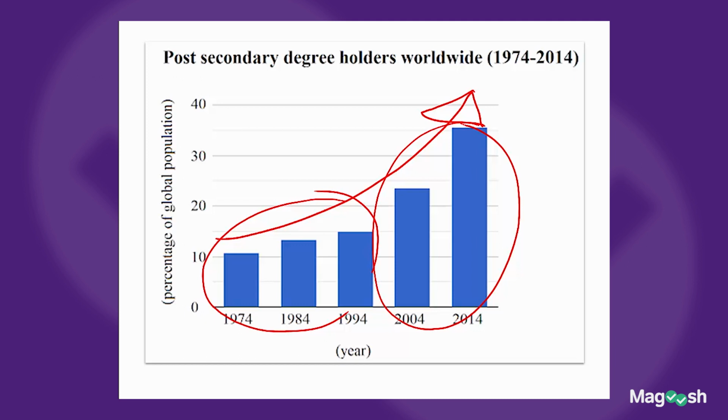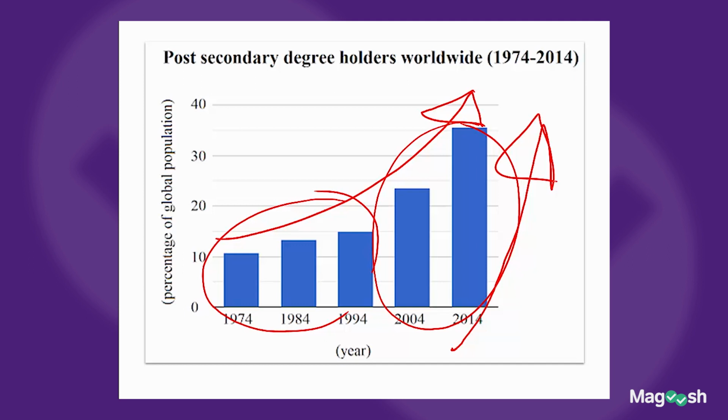This is a significant trend that occurs here in the last years noted on this chart, that it seems to be that the number of post-secondary degree holders is rising much more rapidly than it was before. Okay, another thing to take note of. This would be a good piece of information to discuss in your response about this set of visuals.